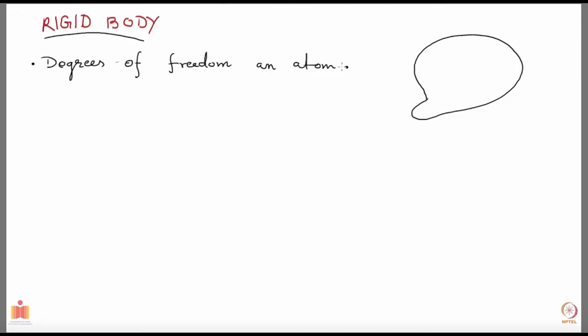You may want to go further and say, no, it's not just protons, neutrons and electrons, I know further that protons and neutrons are made up of quarks and gluons. Then the degrees of freedom further increase. So it really depends on what you mean by an atom, which is going to decide how many degrees of freedom that atom has.